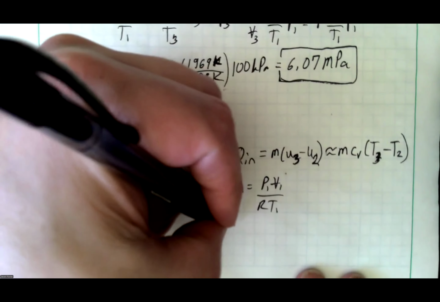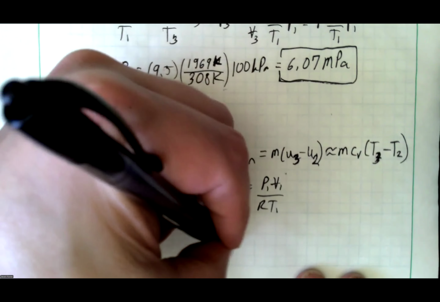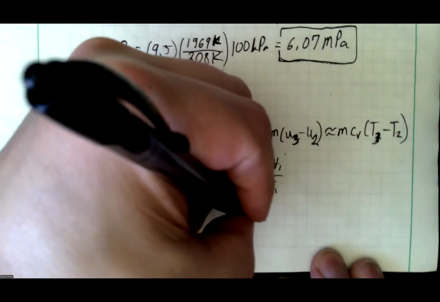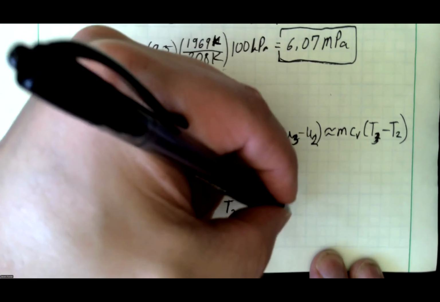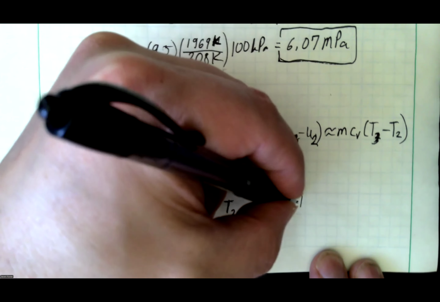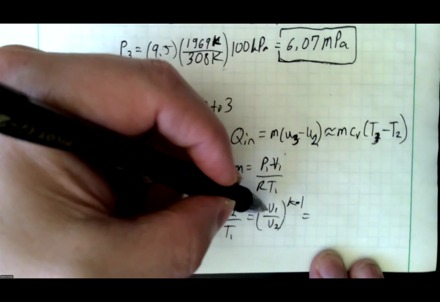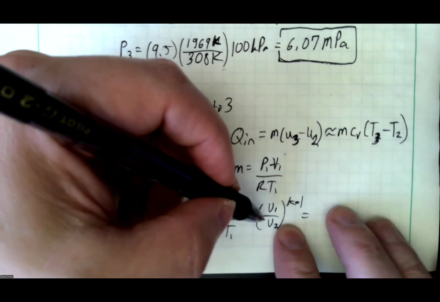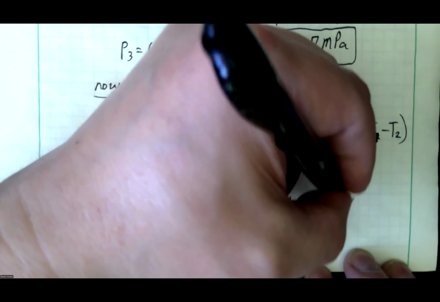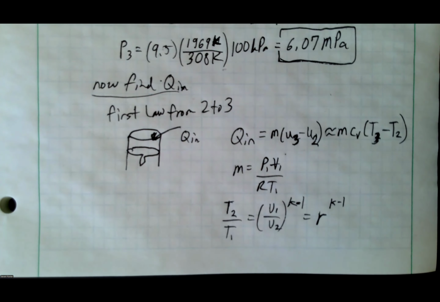We can say that T2 divided by T1 is equal to the ratio of V1 to V2 to the K minus 1. Again, the ratio of specific volumes is the ratio of total volumes. The volume at state 1 is a max, so it's a max divided by a min. So it's just the compression ratio to the power of K minus 1.